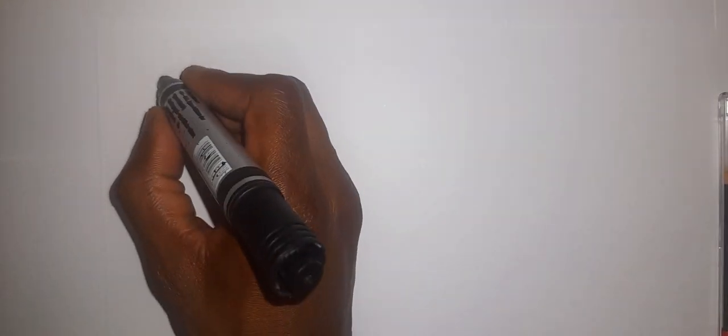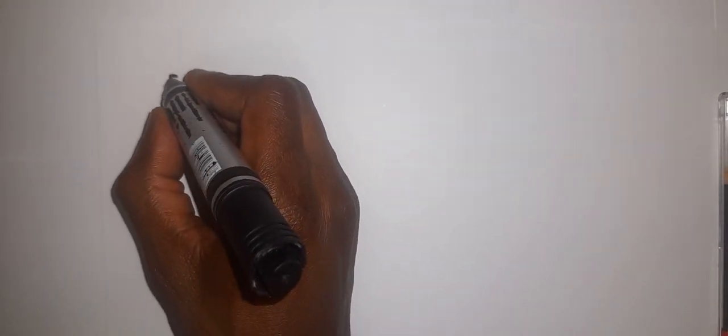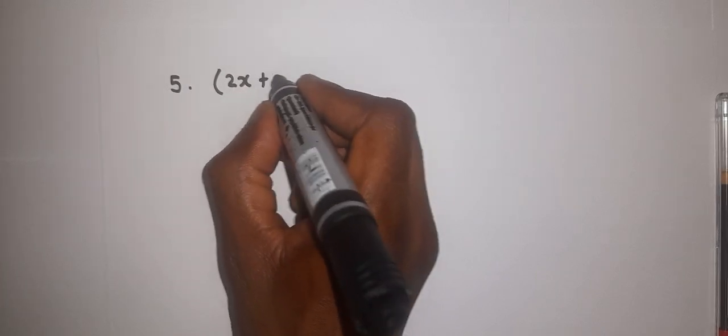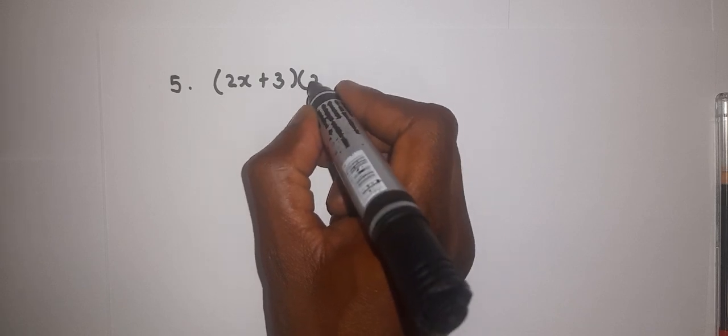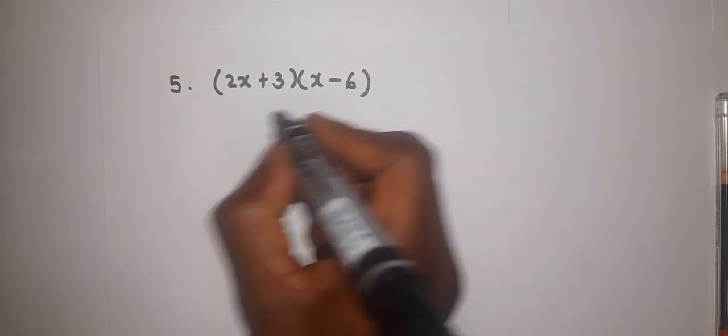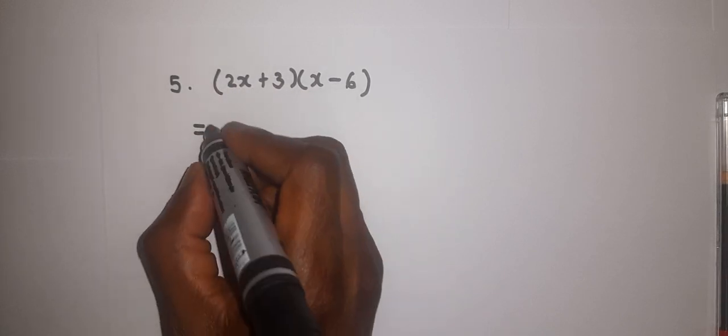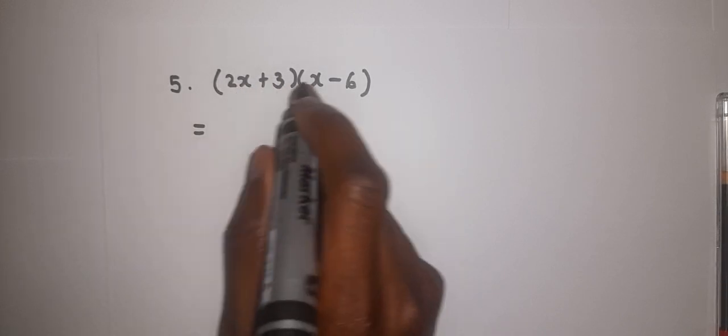Right, let's look at two other questions that can come. Suppose now we are given the binomials 2x plus 3 multiplied by x minus 6. This will simplify to 2 times x, positive times positive, a positive 2x.